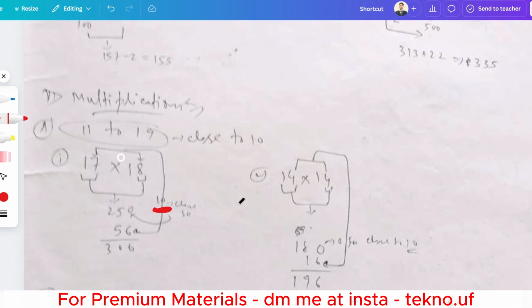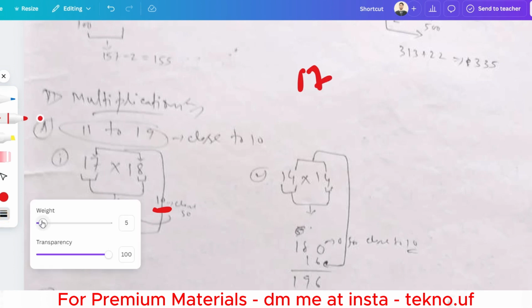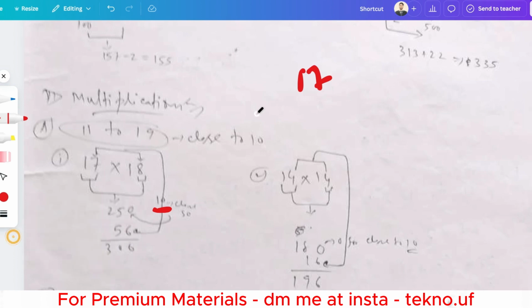Okay, 25. So 17 and 18, right? Sorry, let me just take a little lesser weight. Okay, 17 and 18, if you are multiplying, then add 17 plus 8 or 18 plus 7, anything you can take. So 17 plus 8 is 25.